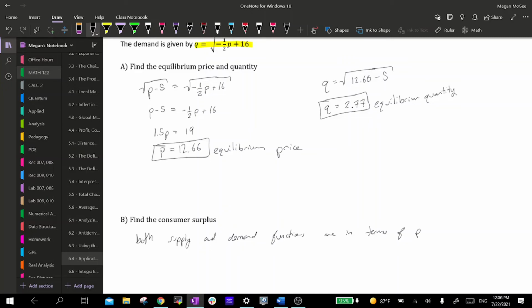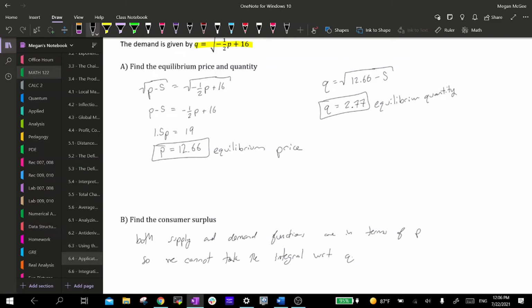There would be no Q values in there. So we cannot take the integral with respect to Q.